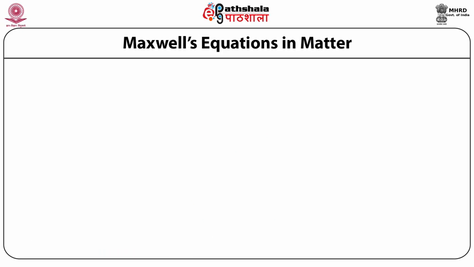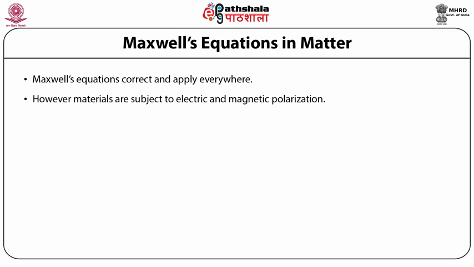Maxwell's equations in matter. The Maxwell's equations that we have defined above for vacuum or free space are correct and apply everywhere. However, what is important to note is that materials are subject to electric and magnetic polarizations. Now, what we would typically like is to have equations which involve only free charges and free currents.